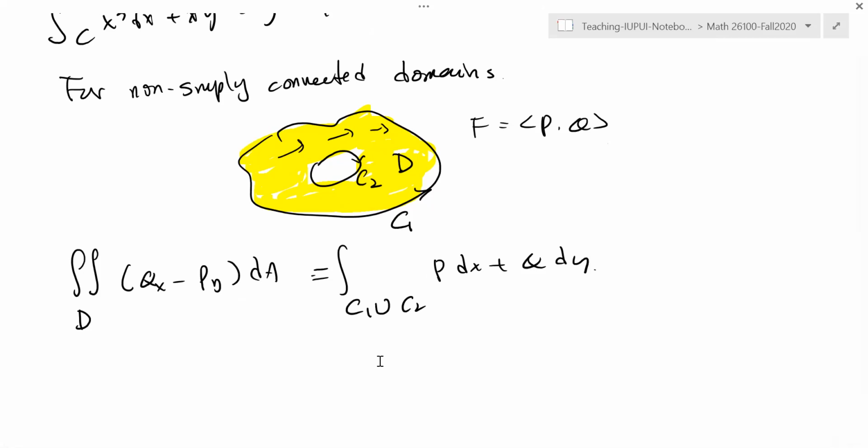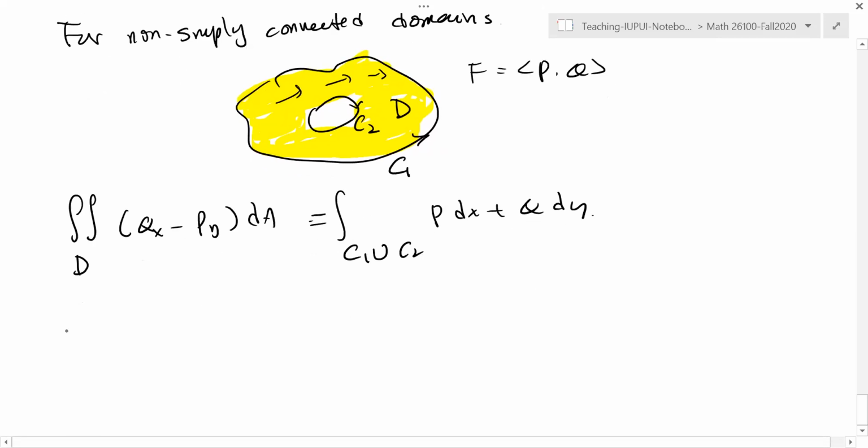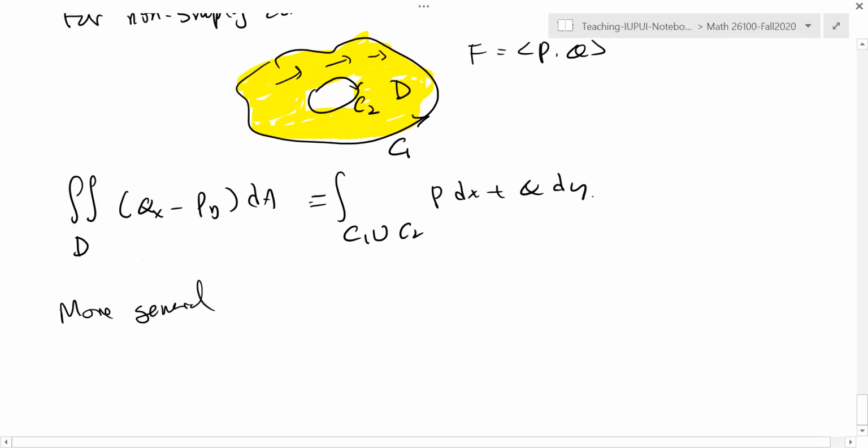So, more general, if you have more than one hole, we can do the same.